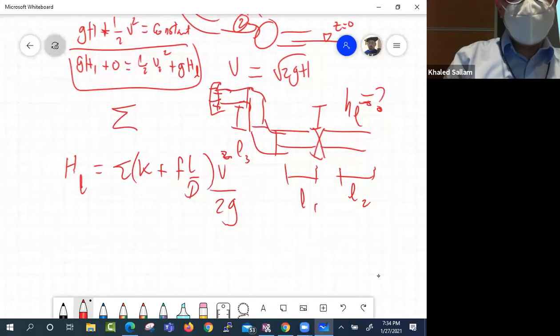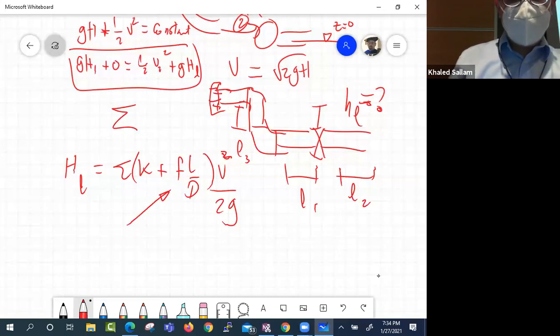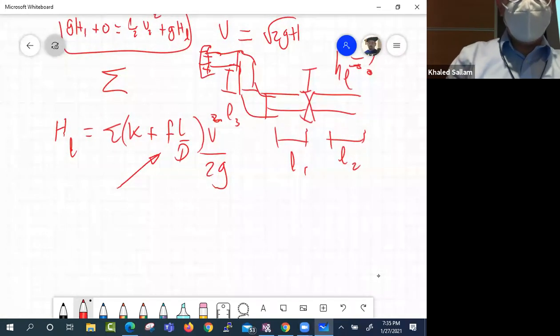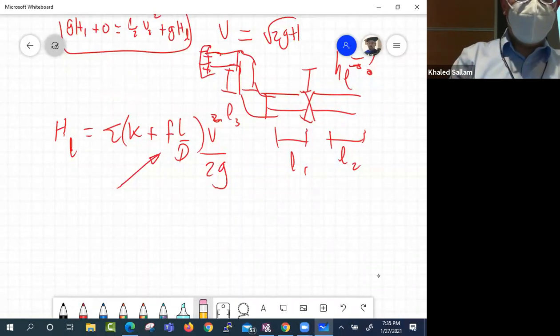And remind me, how do we get the f? That friction factor, how did we do that? Does anyone remember? Pipe flow.